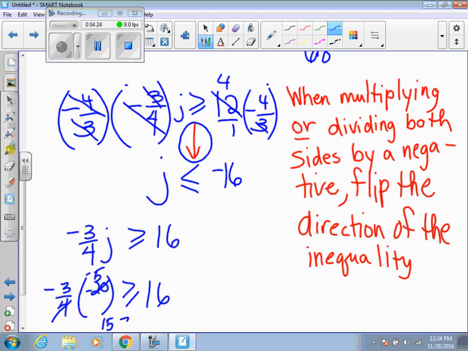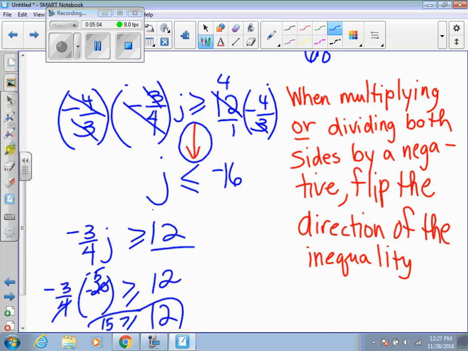Okay, so 15 is not greater than 16. So it doesn't work if we pick a number that is greater than negative 16. So I changed, I had 16 here, and the original problem is 12.